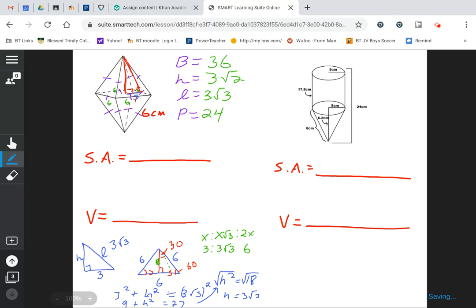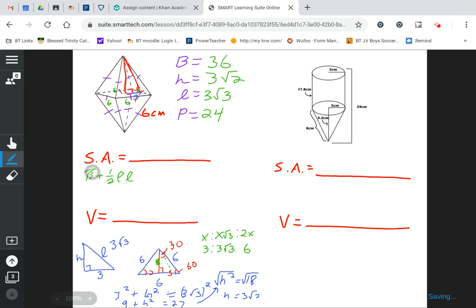All right, now surface area here is a little bit different. Since these are all equilateral triangles, there's a shortcut way rather than doing all the B plus 1/2 PL, because all we need is 1/2 PL, but we have to double it, so it'd just be PL. We can do that, and it's going to give you the same answer. So normally we do B plus 1/2 PL, right?